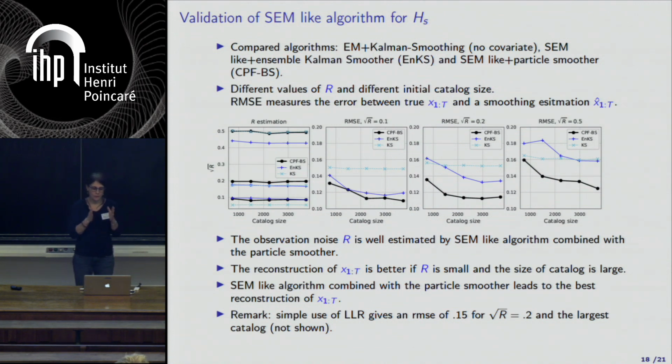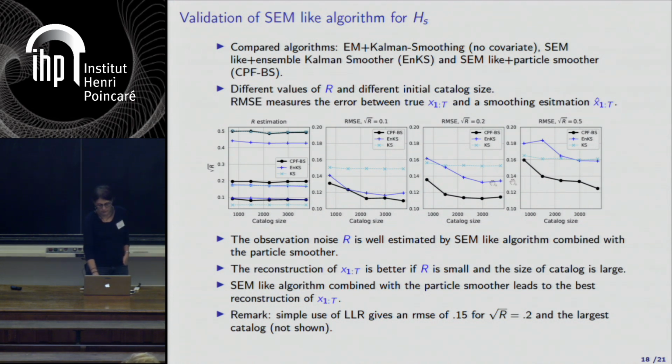For the first one, we suppose we have only 1 month of observations on a daily time step, and then we took 2 months, 3 months and 5 months. And what we see is that all the algorithms estimate the error quite well, but the estimation is better with our algorithm, and it is not affected by the catalog size for the error noise.